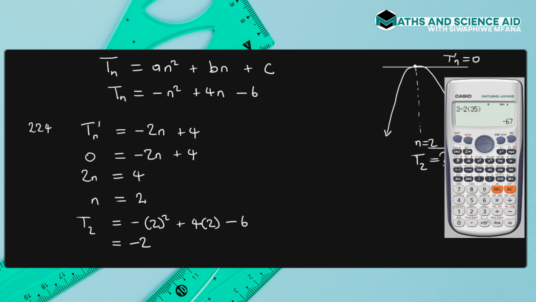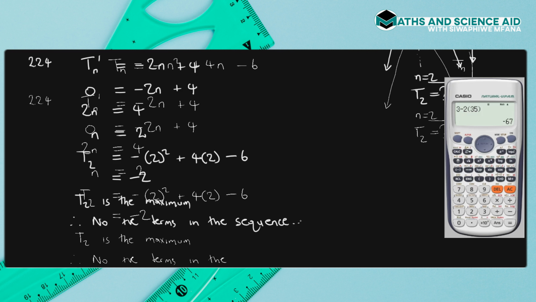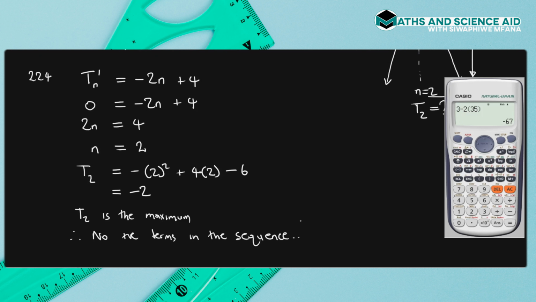So this means that T2 is the maximum. And therefore, there are no positive terms in the sequence. So that is how you can answer 2.2.4. This question is just simply testing your knowledge of functions.